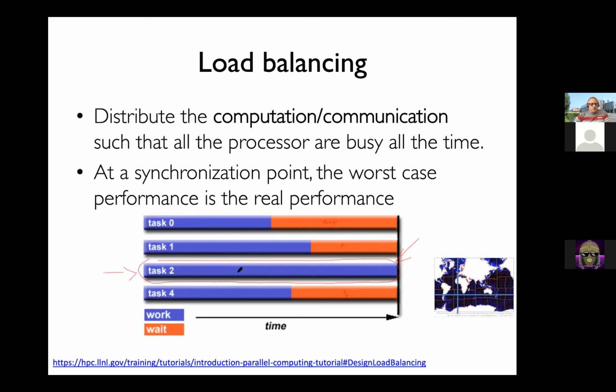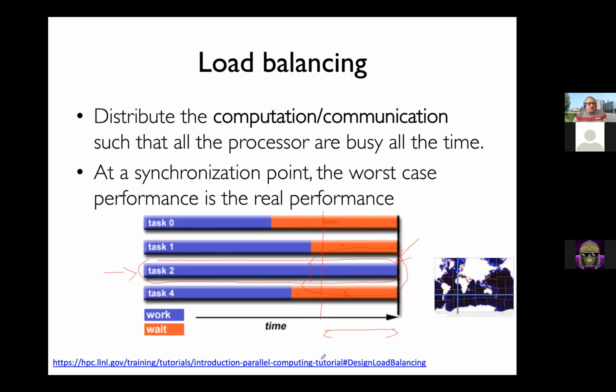But if we could rebalance this amount of computation to the other tasks, then we could probably finish earlier. If I take this part and give it to task 0, and maybe a little bit to task 1 and maybe to task 4, then I should be able to finish somewhere over here, and I will have gained all this time.